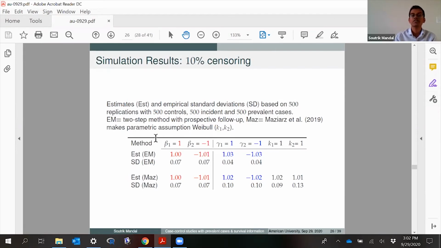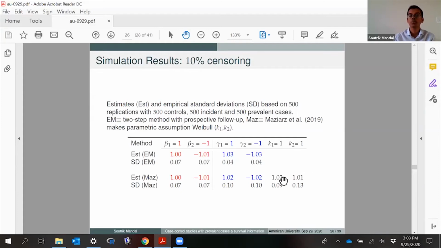For these results, we have 500 replications, and we use 500 controls, 500 incident cases, and 500 prevalent cases. And this table is for 10% censoring.